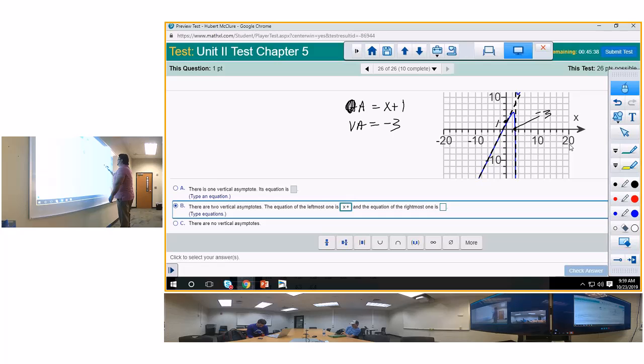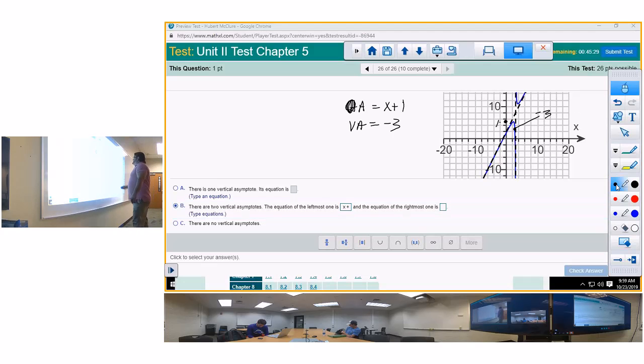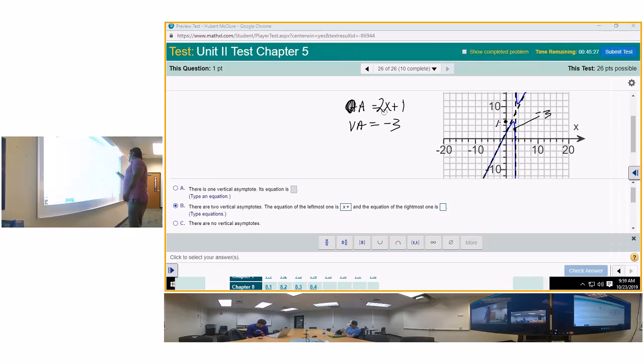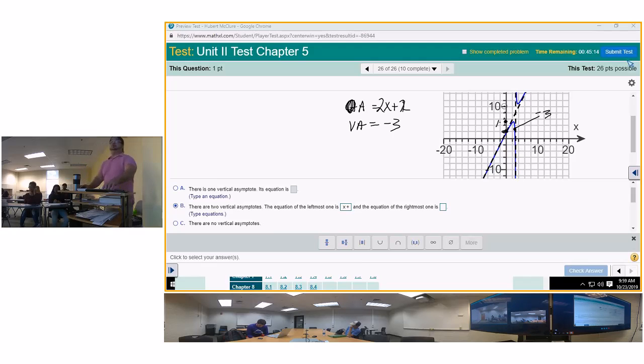All right, so that's 1, 2 over 1. 2x plus 1. Y'all check me. 2x plus 1. Because I know the vertical shift is 1, right? No, 2. Because they count by 2. 2, 4, 6, 8, 10. So thank you. 2x plus 2.